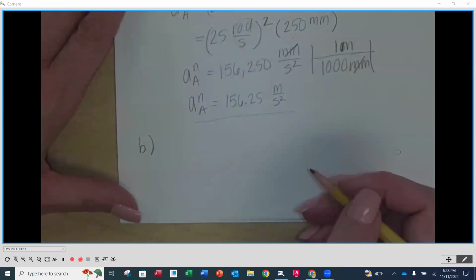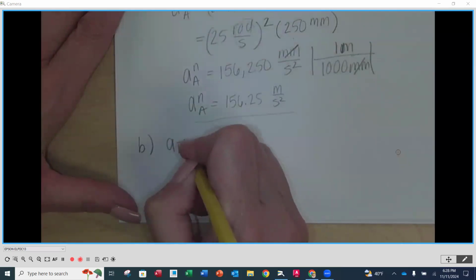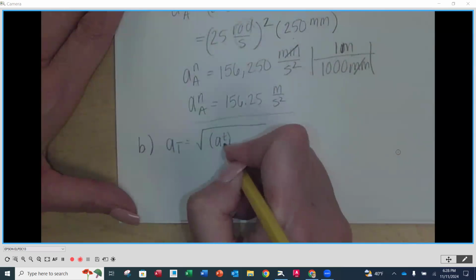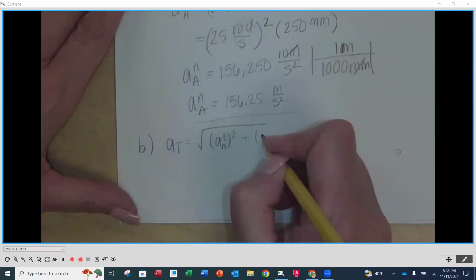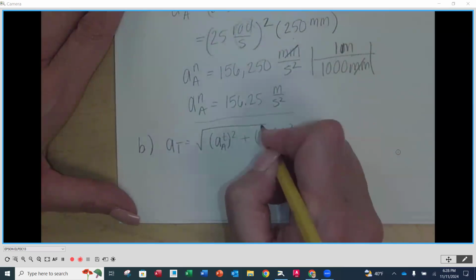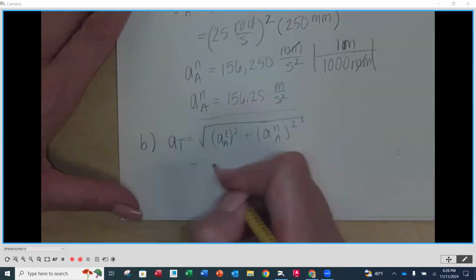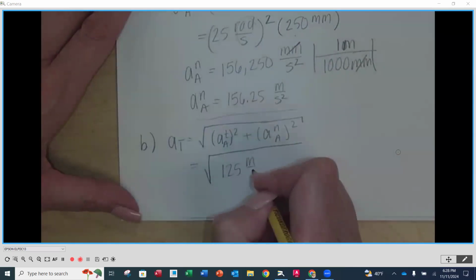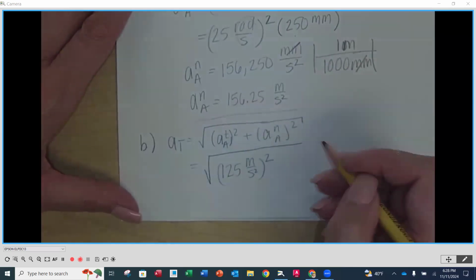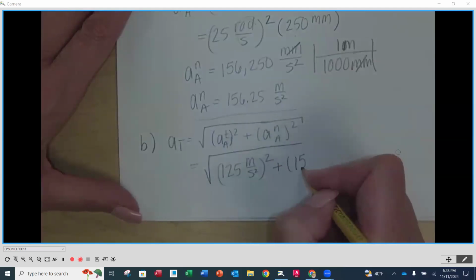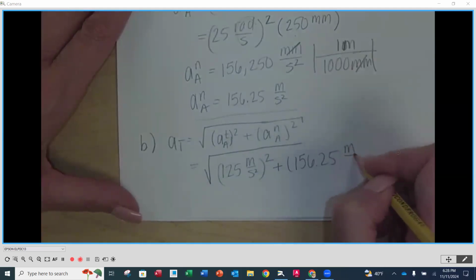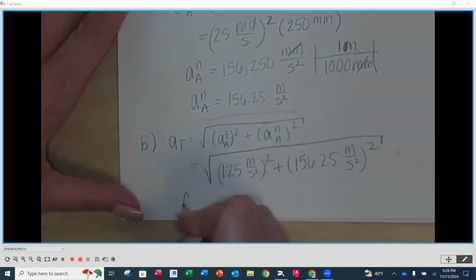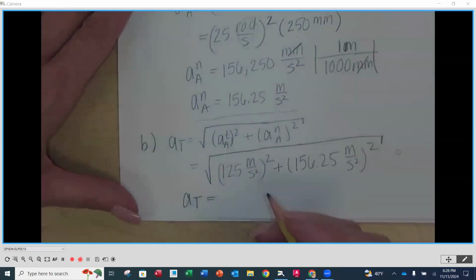So part B here, our acceleration total is going to be equal to the square root of the tangential at A squared plus the normal at A squared, or in either order, honestly. So we're going to put underneath the radical 125 meters per second squared plus 156.25 meters per second squared. And our acceleration total.